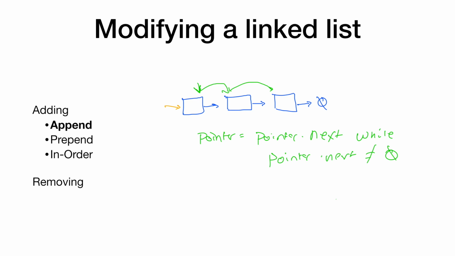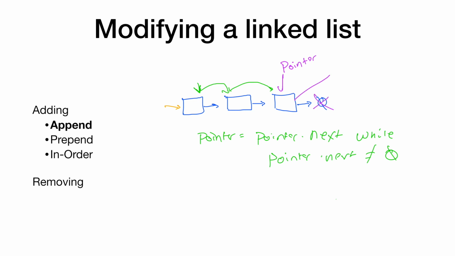Right? Once we get to that point, then we can say that this is now pointer, or we could call it temp, or we could call it whatever we want to. And in that case, say we want to add some element to the end, then we basically say its next pointer is now no longer null.